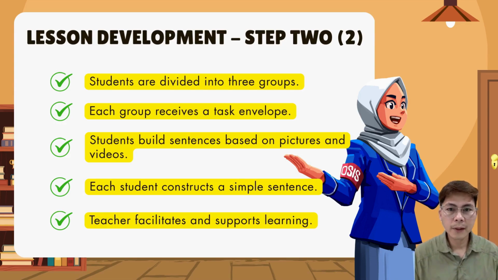For example, students might describe a house, a person, or an object shown in pictures. Each student is required to construct at least one simple sentence such as rumah saya besar or kucing itu kecil. This ensures that every student participates actively.